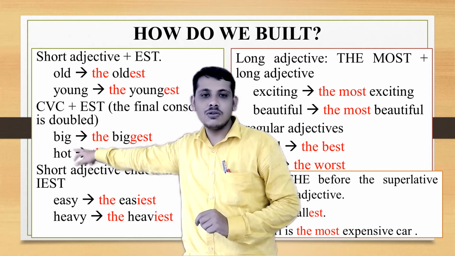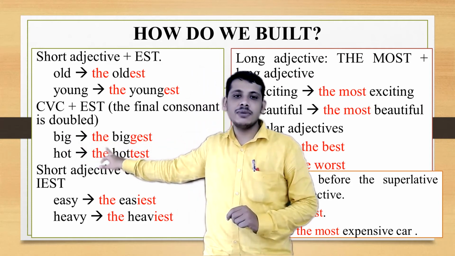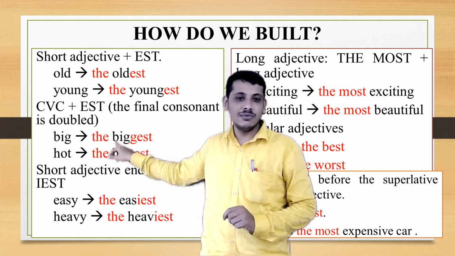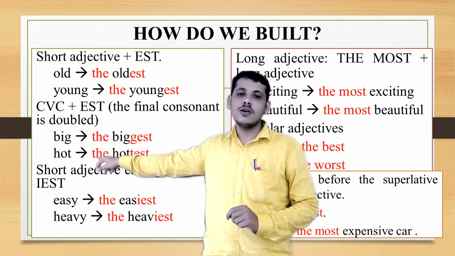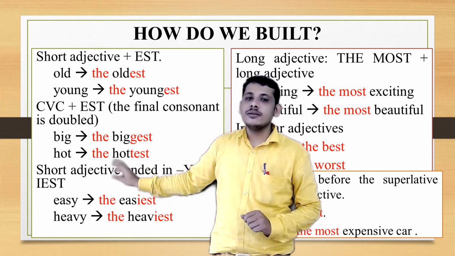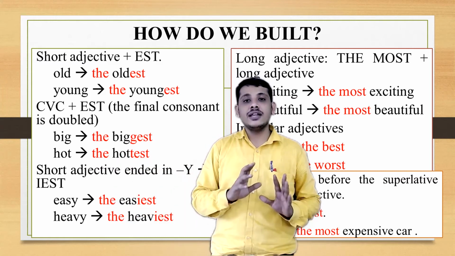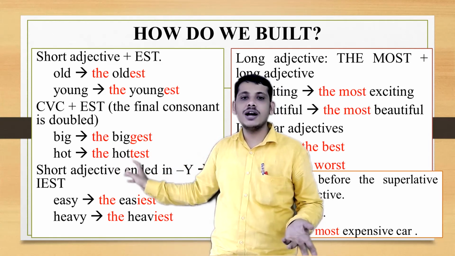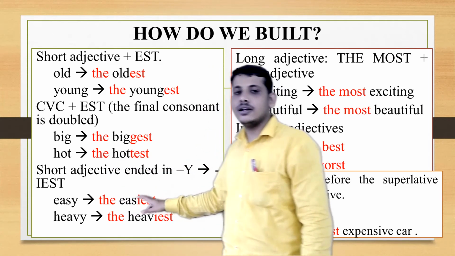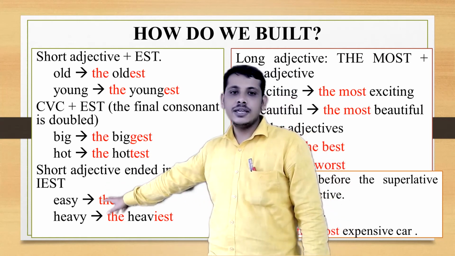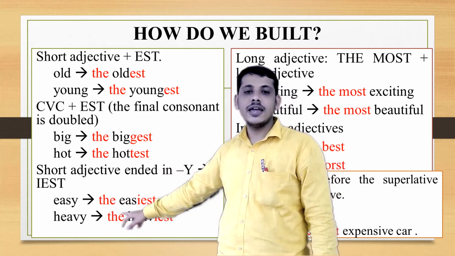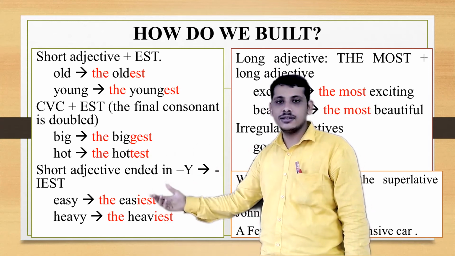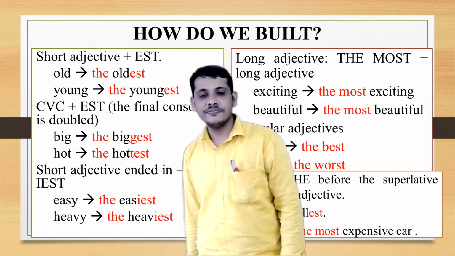So I write big as it is, and I will add est, but before that G will be doubled: the biggest. Hot, hottest. If the adjective is short and ends with Y, then just like the comparative degree, Y will become I, and at the end we will add est. Easy, easiest; heavy, heaviest; happy, happiest; crazy, craziest; funny, funniest.